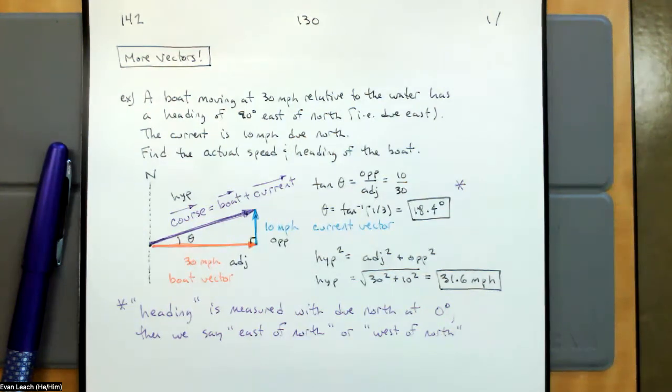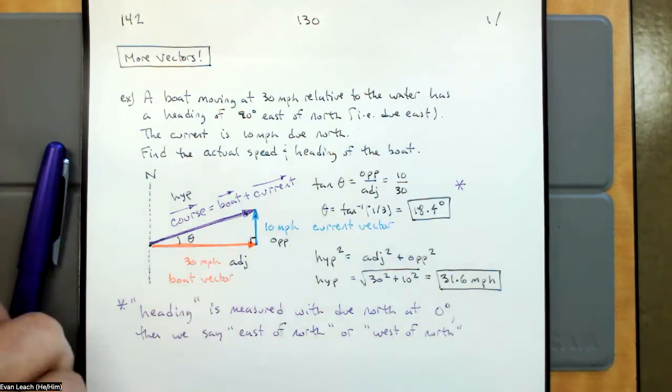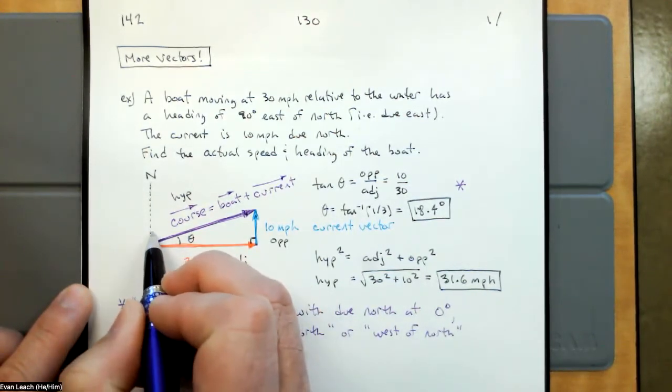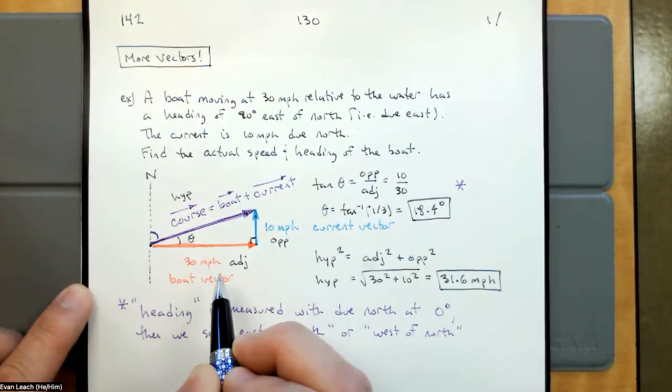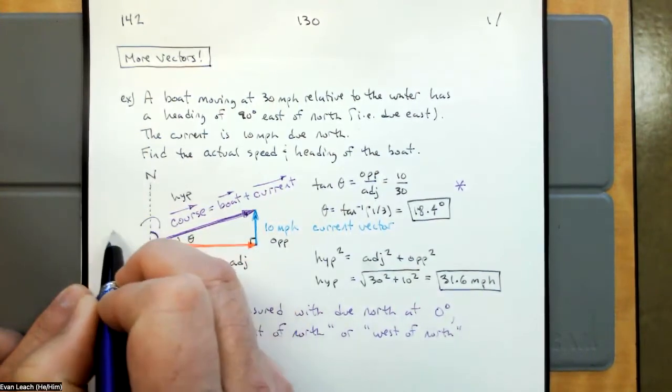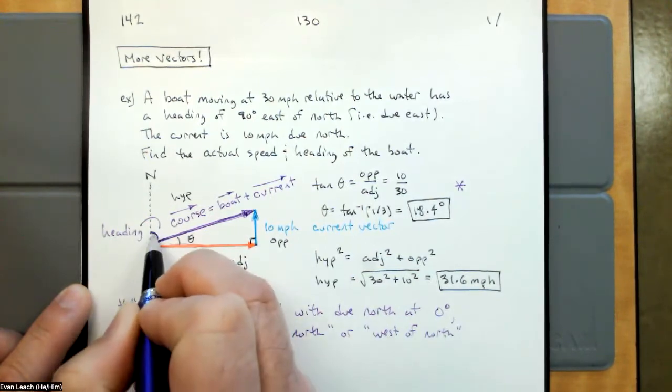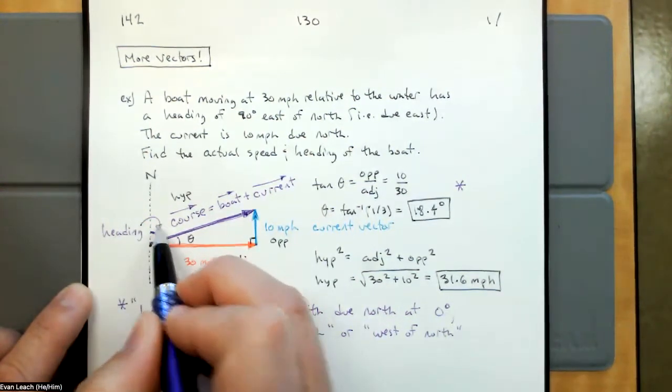Anyway, so for heading, we usually measure due north as 0 degrees. So if we say a heading of 0 degrees, that would be due north. And then usually we'll say east of north and west of north. So this angle of 18.4 degrees is inside the triangle. So our heading could be this angle, some amount east of north.